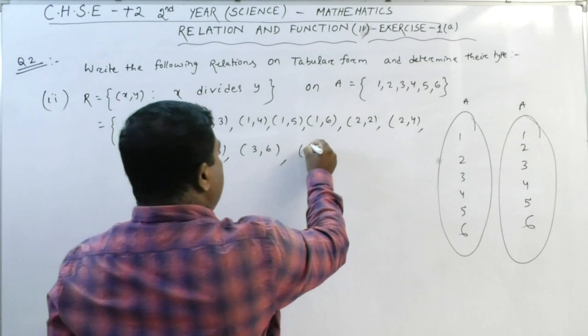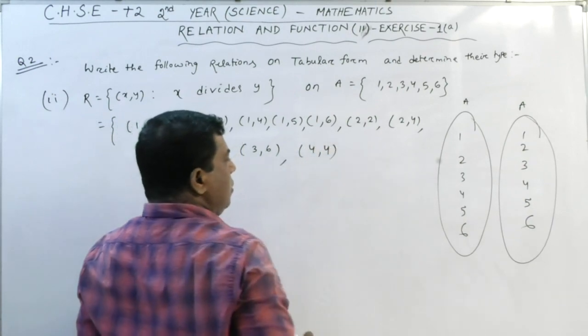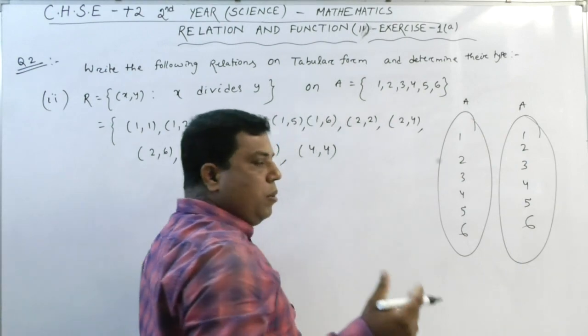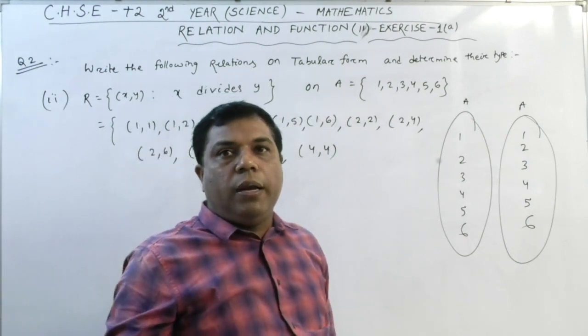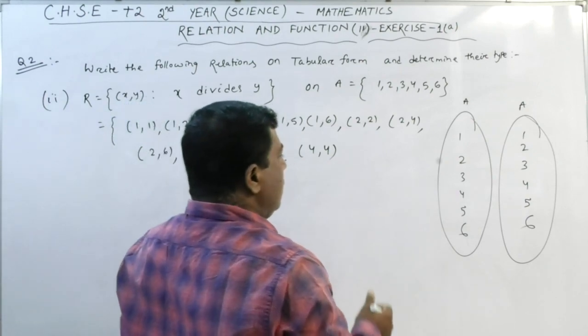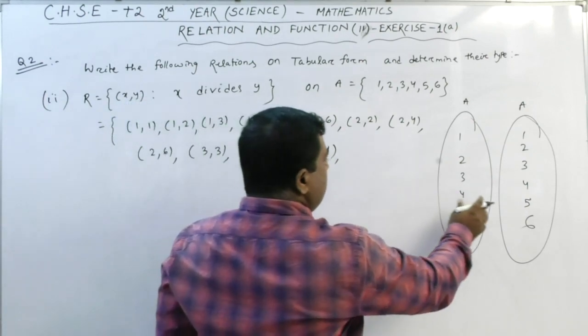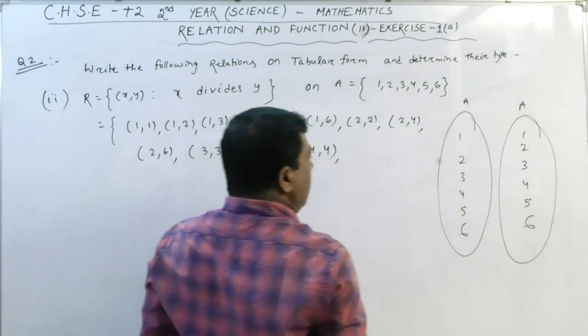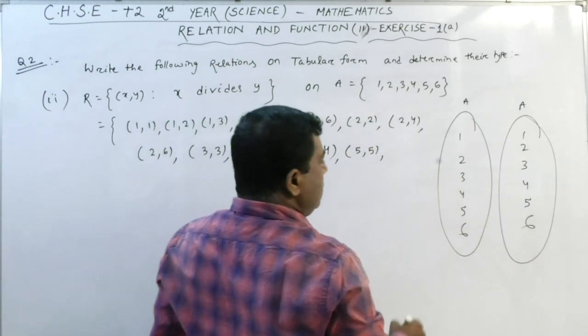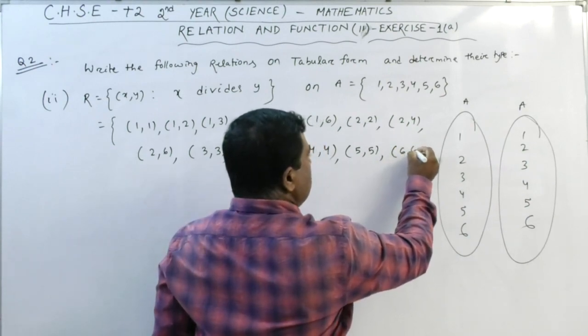Now for 4, 4 divides 4. 4 is not dividing 1, it is not dividing 2. When a number is divisible, even the quotient value is an integer, okay, that is called divisible. So next, 4 divides 5 or 6? No. Then for 5 it is the ordered pair (5,5). And next for 6 it is the ordered pair (6,6).